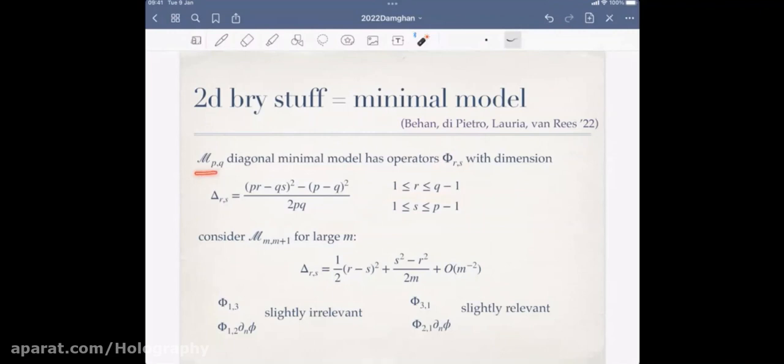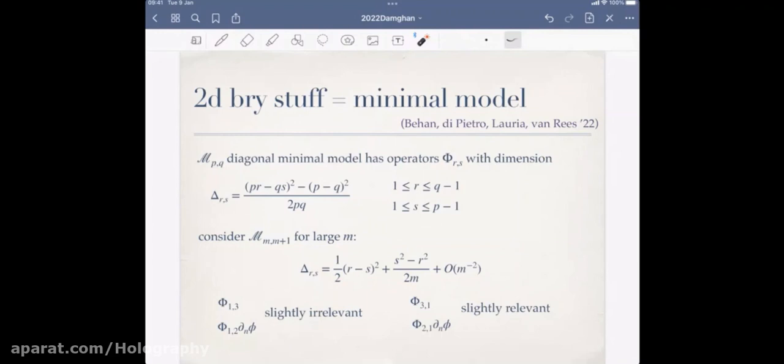And then what they did was they said, let's look at the case M, M plus 1, when M is huge, and expand the dimension in a power series in M. And there's a leading term and a subleading term, and hopefully we won't have to worry about anything more, at least in this initial analysis.